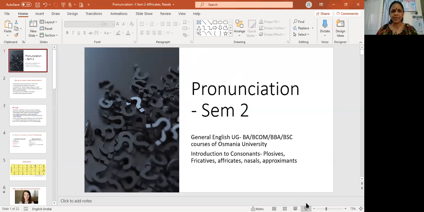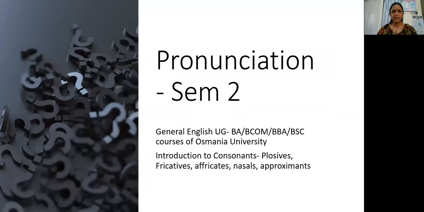I hope you can see the slide PowerPoint here, which says pronunciation for semester 2 for the general English of UG, that is BA, BCOM, BBA, BSc courses of Osmania University. Now in the first semester, we have seen an introduction to consonants.